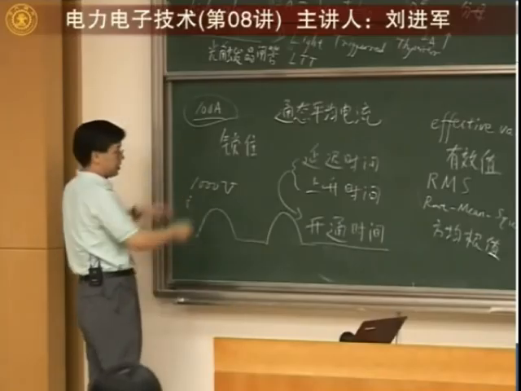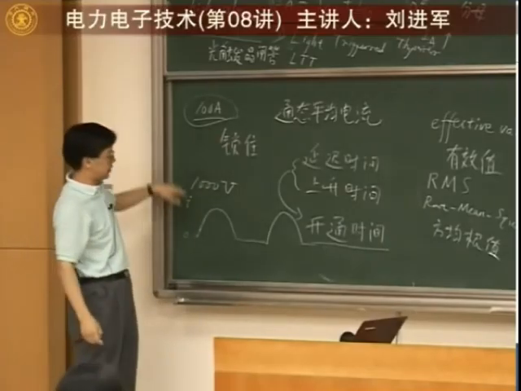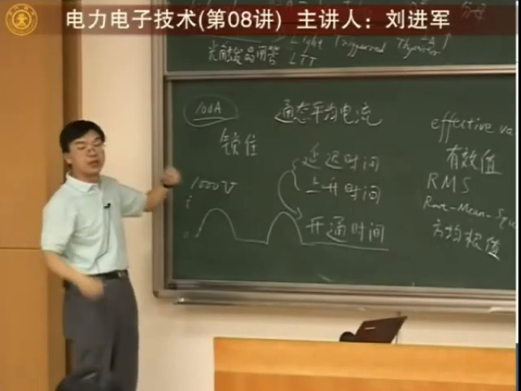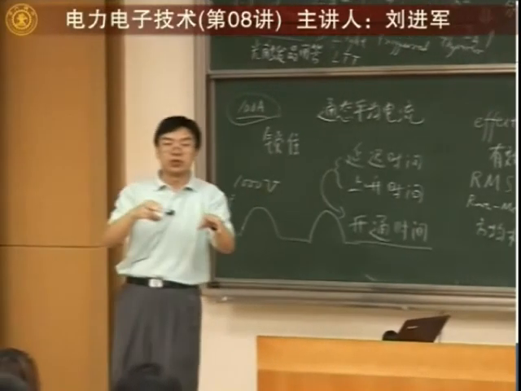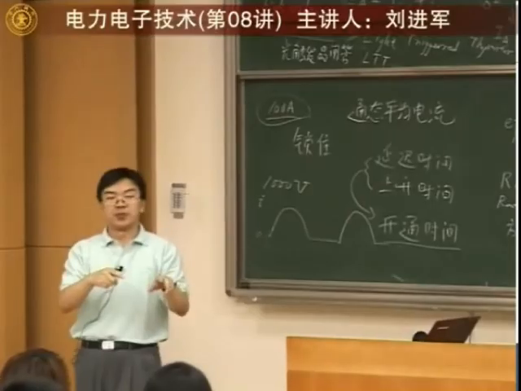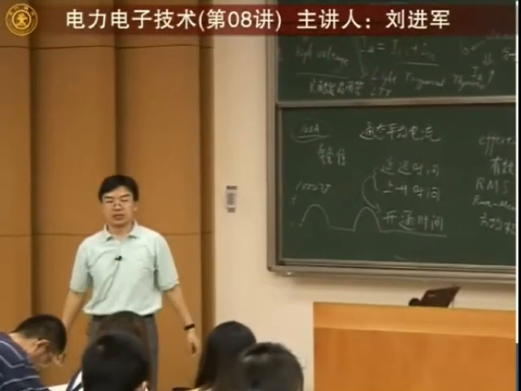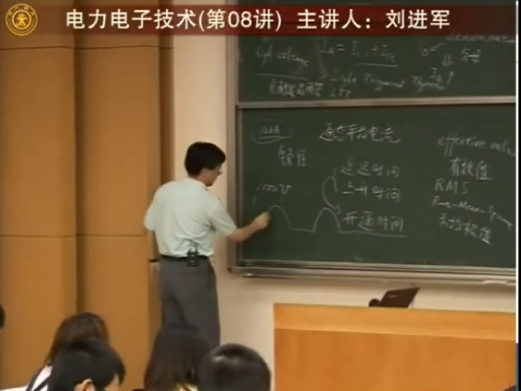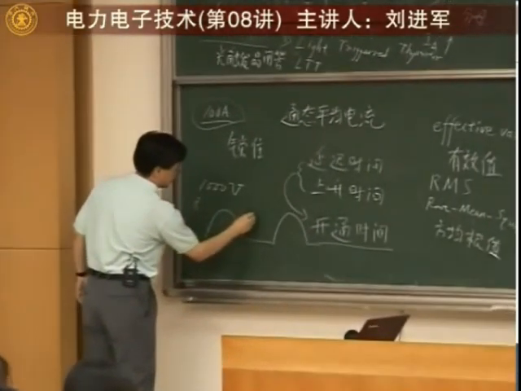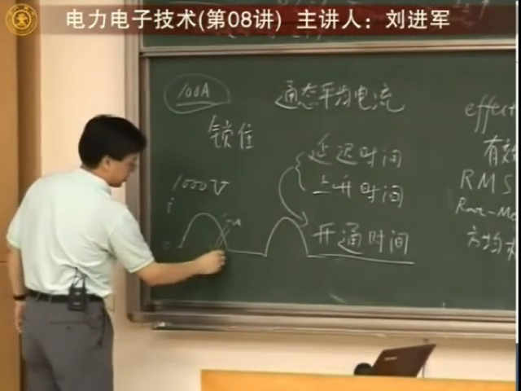For example, if the average on-state current of the thyristor is 100 amp, then you can convert that. You should calculate this into how much effective value of current this thyristor can sustain. That means you calculate, when this average value is 100 amp, how much is the effective value.